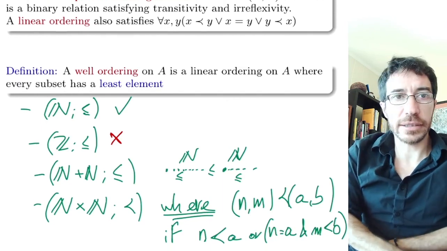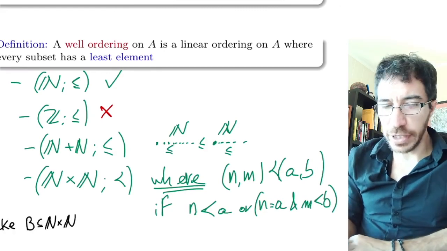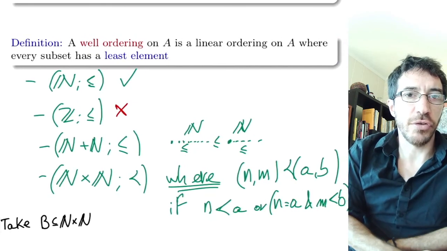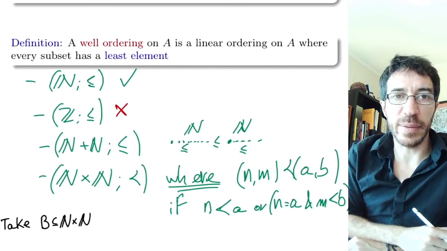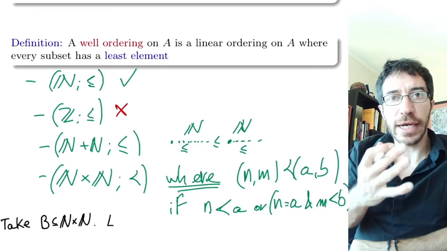Why is that? Let's prove that. To prove that it's a well ordering, we have to take a subset B of the whole set, and we have to show that it has a least element. So first, just look at the first coordinate.